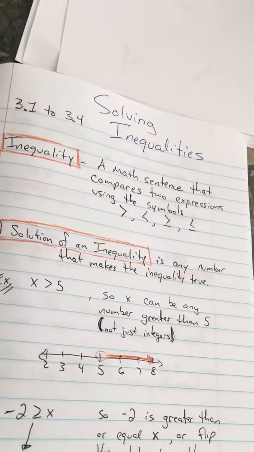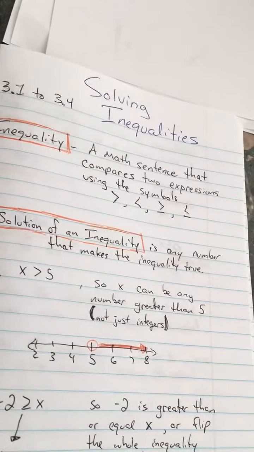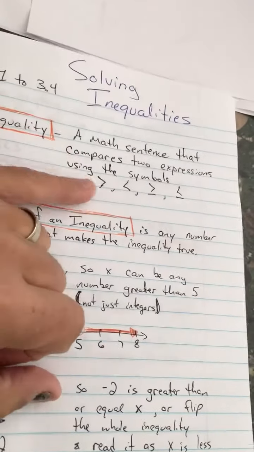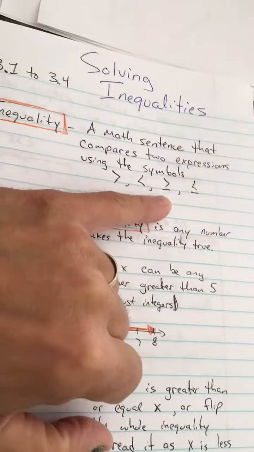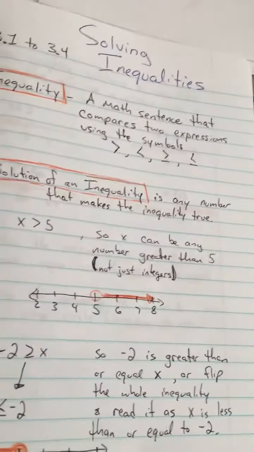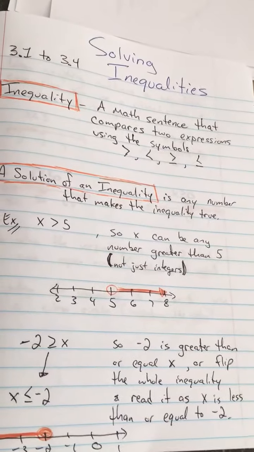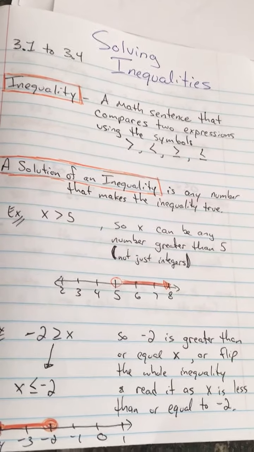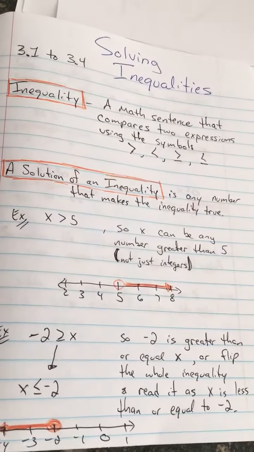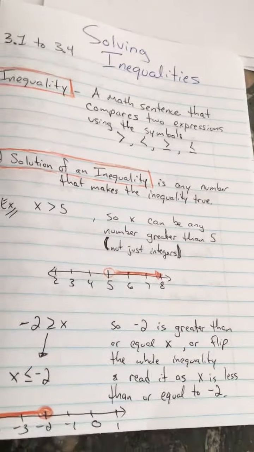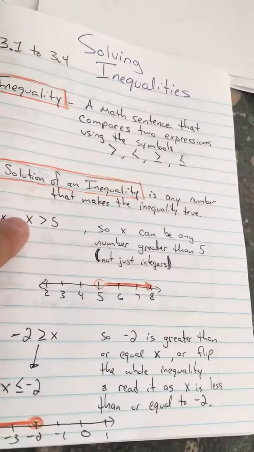And what is an inequality? Simply put, it's a math sentence that compares two expressions using the symbols greater than, less than, greater than or equal to, or less than or equal to. A solution of an inequality is any number that makes the inequality true. Inequalities typically have infinitely many solutions, but you show them by writing something like x is greater than 5.